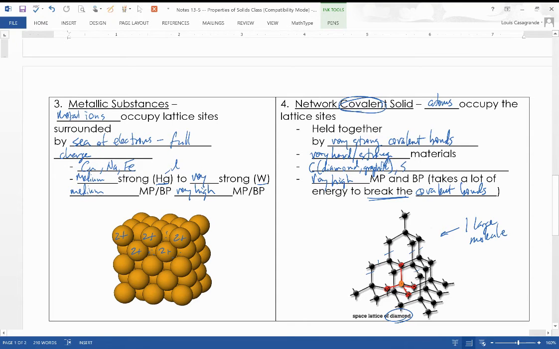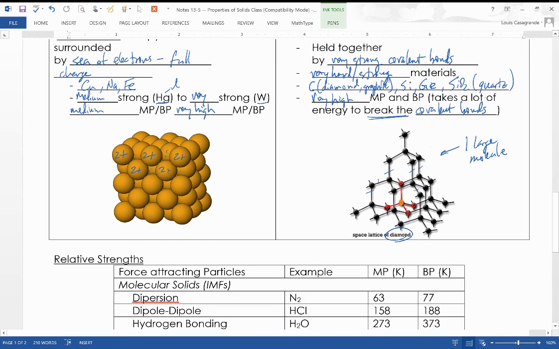Other examples, silicon and germanium, those are both in the same column as carbon, so they have the same structure. And an unusual one, which we'll talk a little bit more about in a moment, SiO2, which is called quartz. And so that's a mineral that shows up in a fair number of gemstones, and in its pure form, it's a colorless crystal. So those are the 4 types of solids.